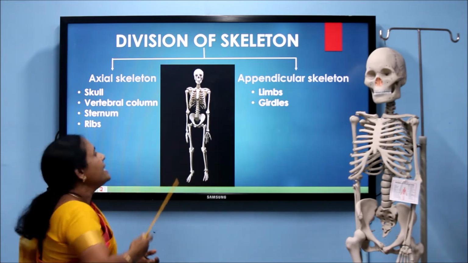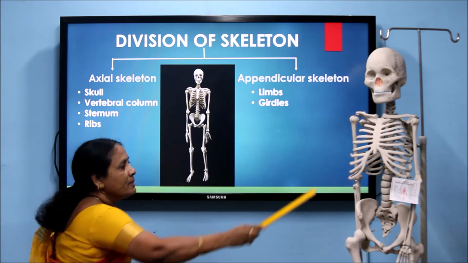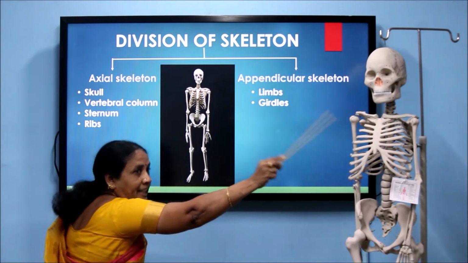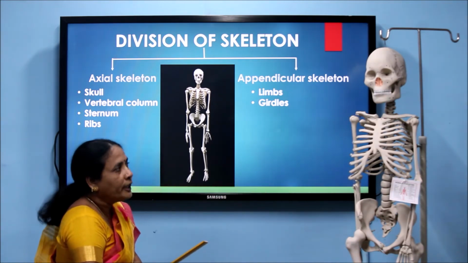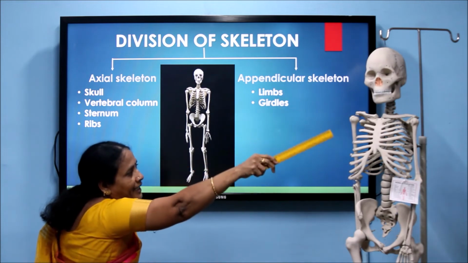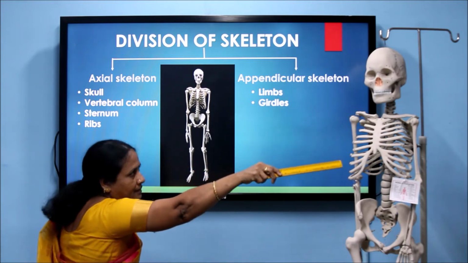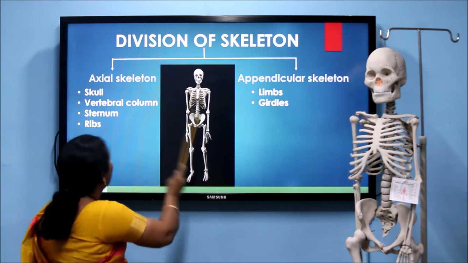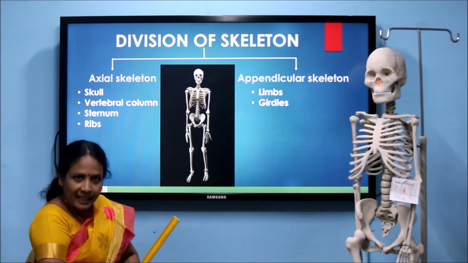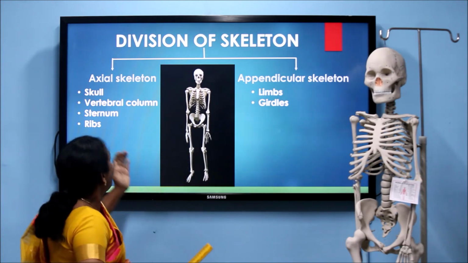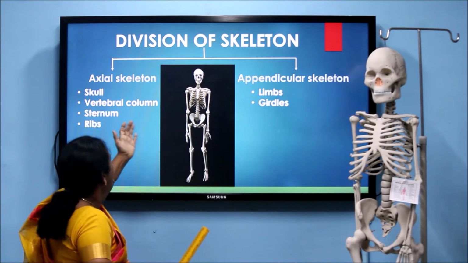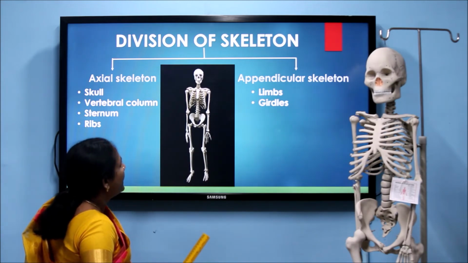Then the sternum, a flat bone located in the midline of the thorax. And next is the ribs. So we will see one by one about the skull, vertebral column, sternum and the ribs.